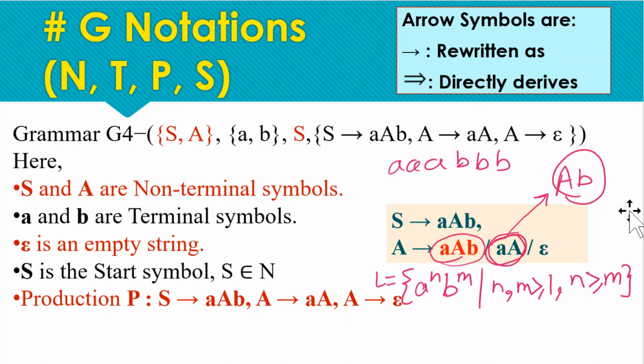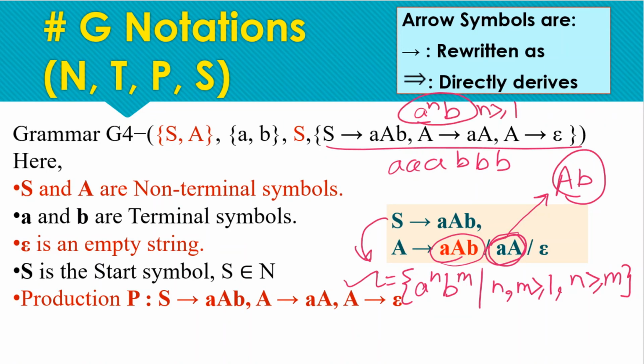So this is the language corresponding to this particular grammar. And for the previous question we have the string of a's followed by a single b where n is greater than or equal to 1. And if we have this rule, then the language is a's followed by the same or a lesser number of b's, right.